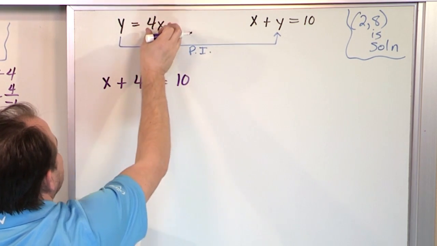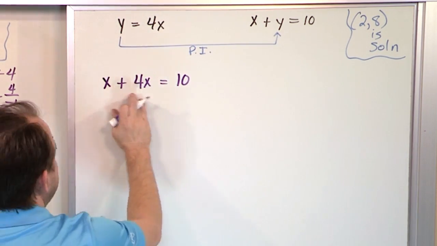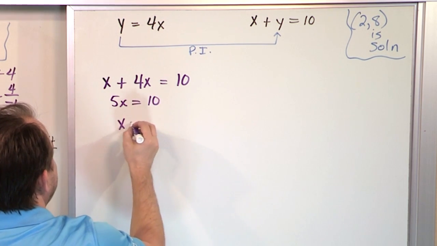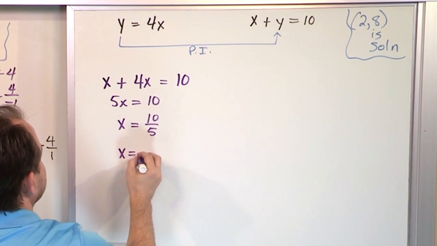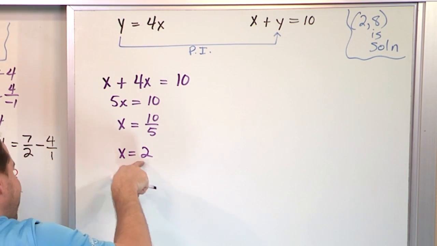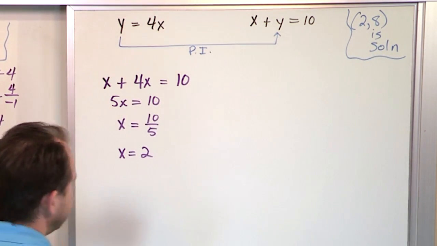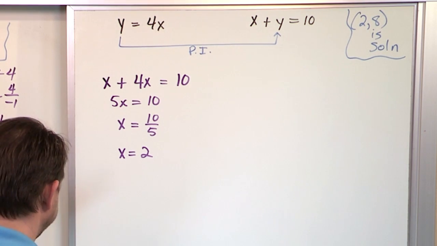You see how all I did is I took this value and I just stuck it in where it should go. Now what do I have? 5x equals 10. Now I divide by 5, so x is equal to 10 over 5, which is 2. So I'm saying the x value of the intersection point is 2, which is exactly what we found by graphing. The value of x is equal to 2.